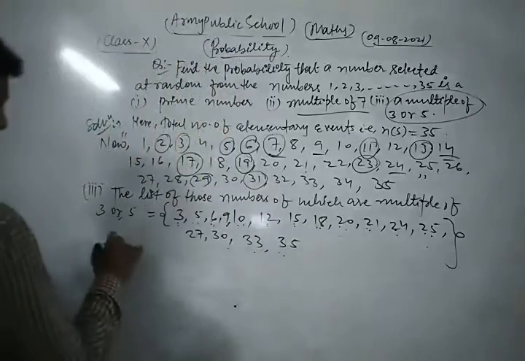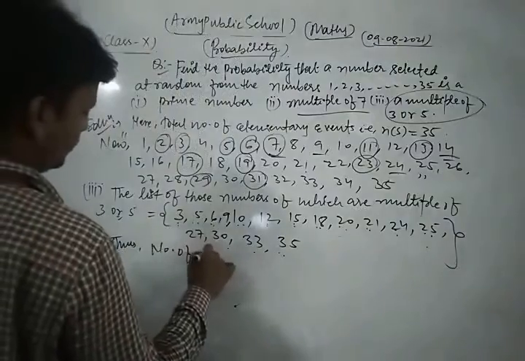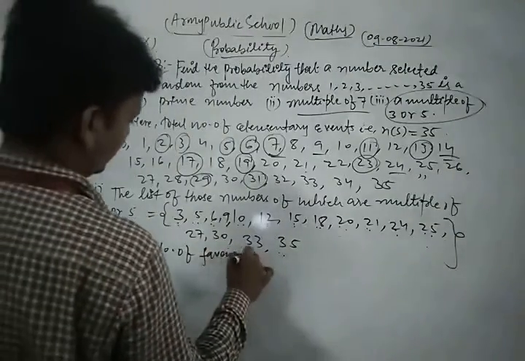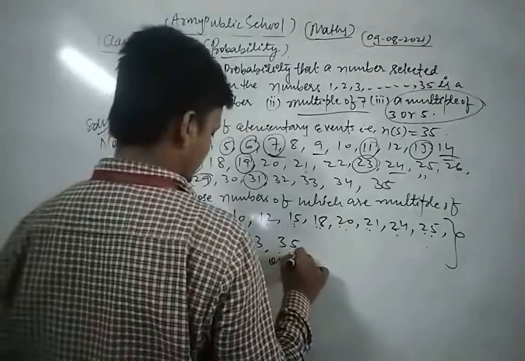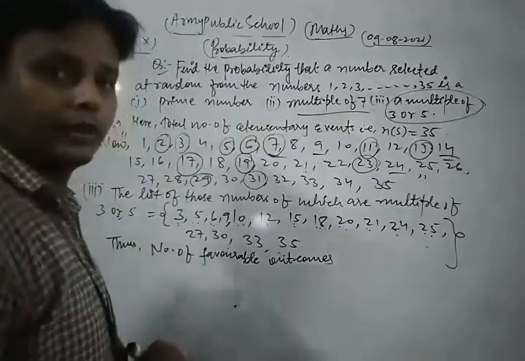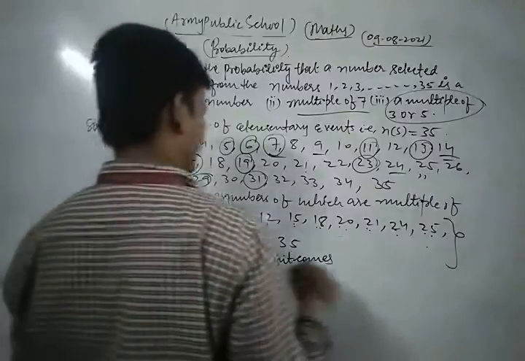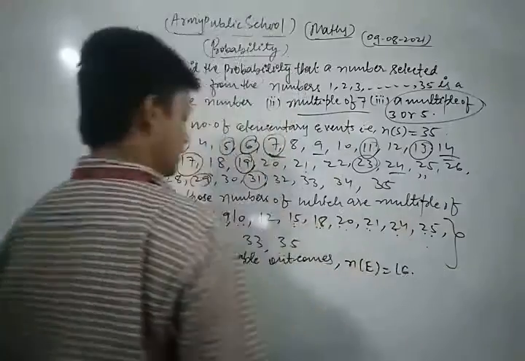Thus the number of favorable outcomes, that is n(E), is what? 16.